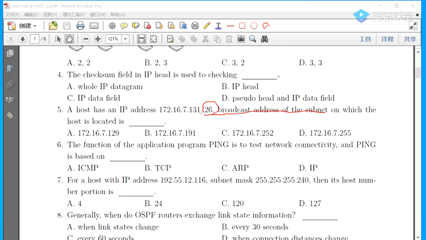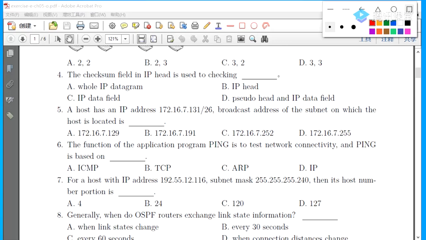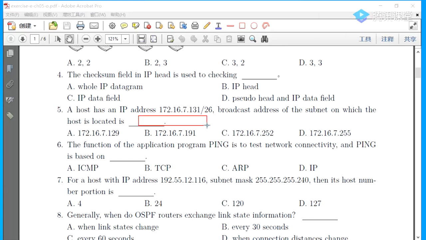This /26, that means... sorry. An IPv4 address occupies 4 bytes.